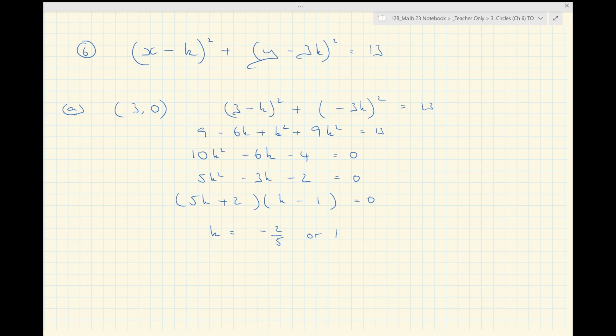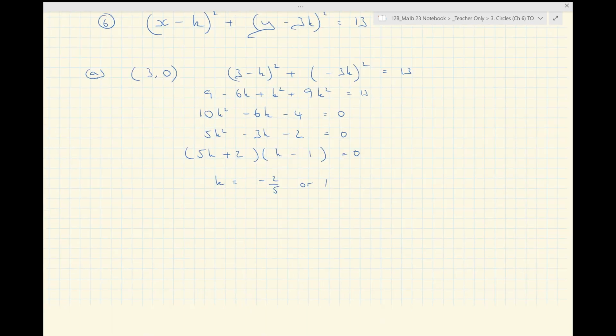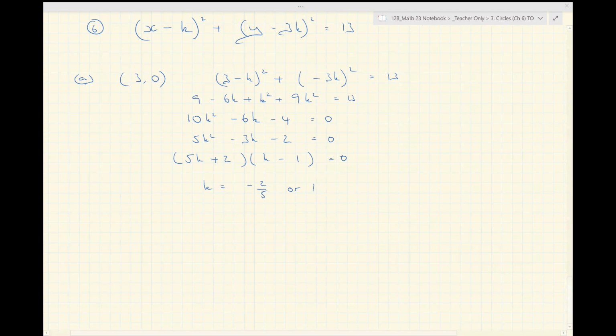Right, part B. Okay, part B then. In part B, I'm told that k is greater than 0. So that means that therefore k must be 1, mustn't it? All right, write down the equation of the circle.